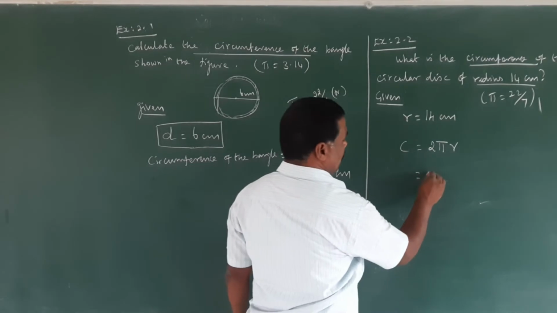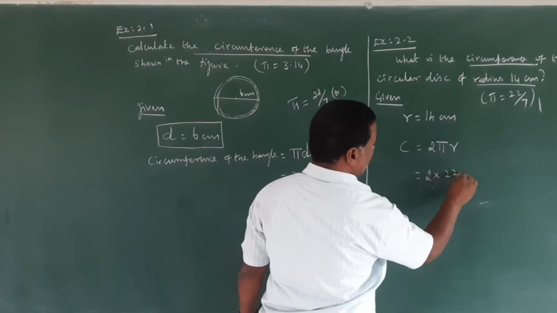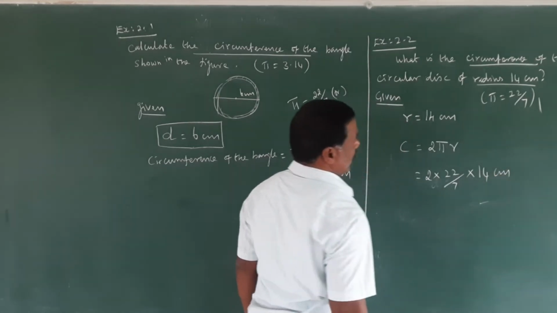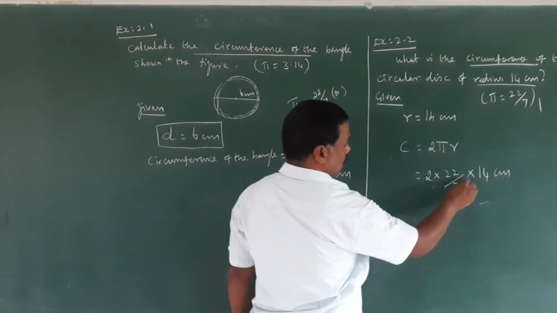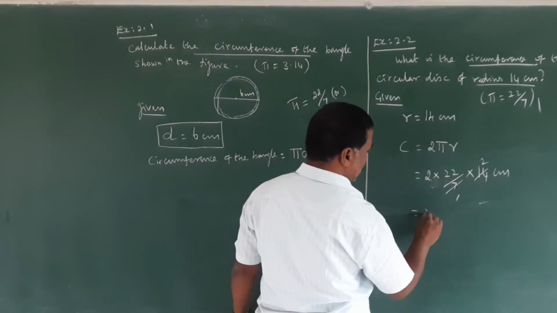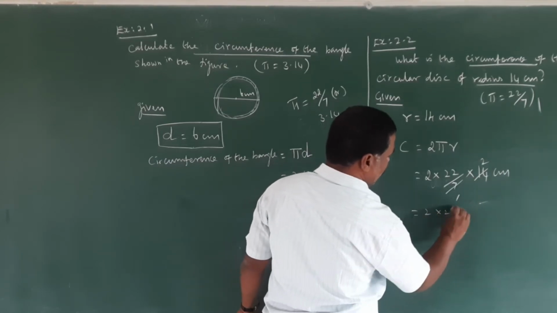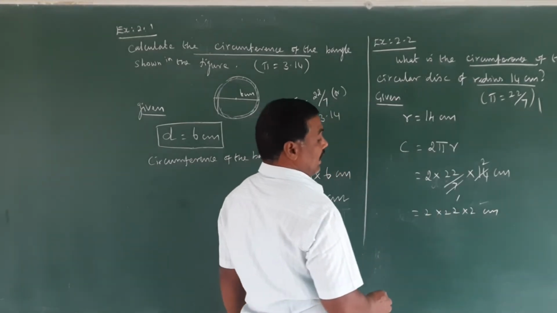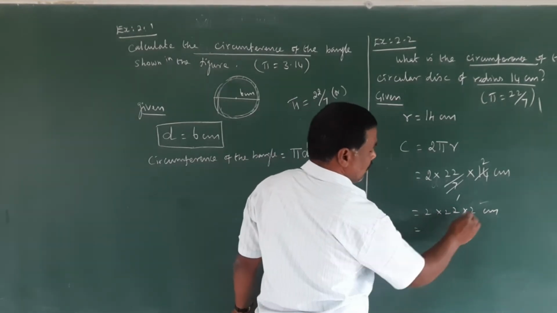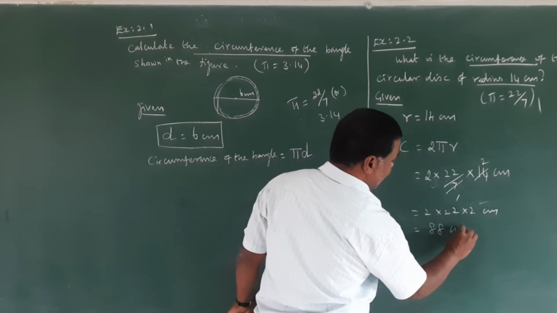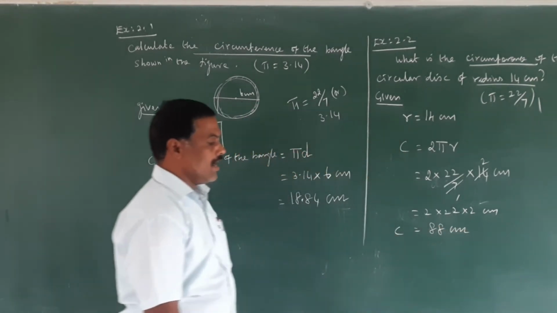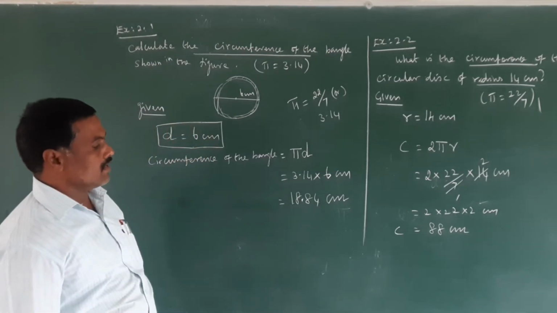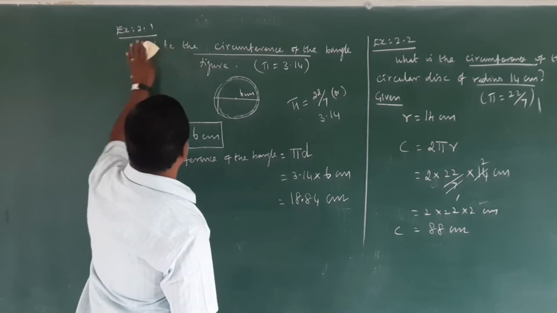Now 2 into 22 by 7 into 14 centimeter. 2 sevens are 14, so 2 into 22 into 2 is 88. The circumference of the circle equals 88 centimeter.